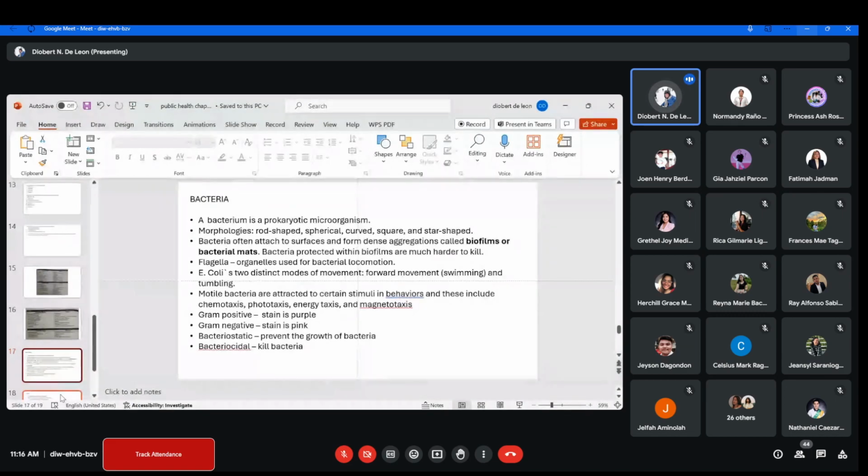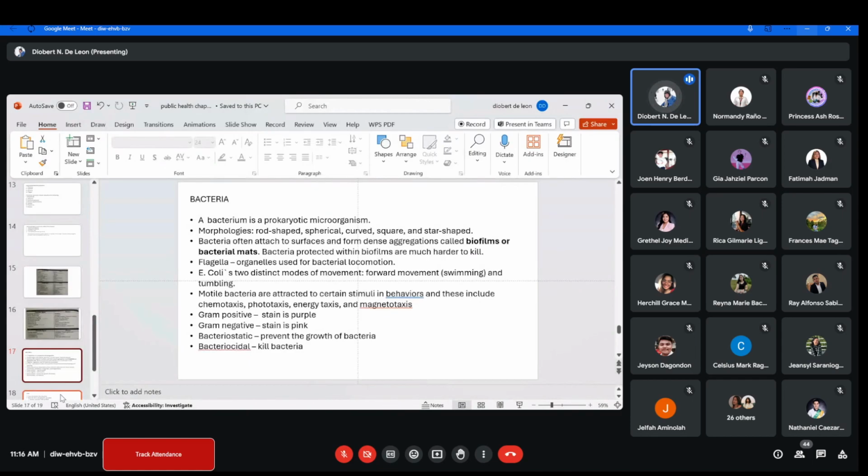So, a bacterium is a prokaryotic microorganism. Okay, when you talk about prokaryotic, wala siya yung mga organelles. And prokaryotic organisms are bacteria and archaea lang.